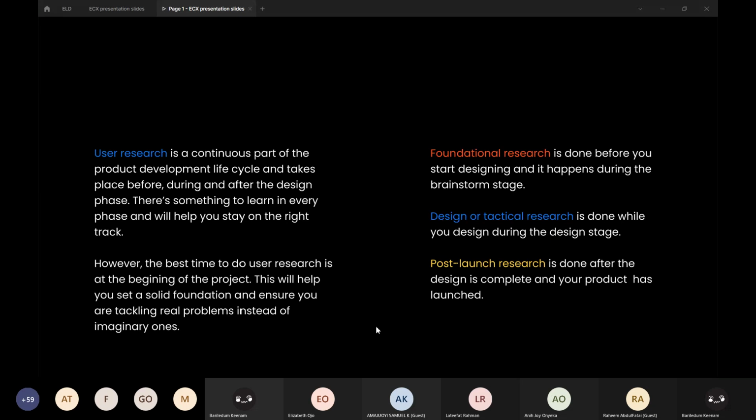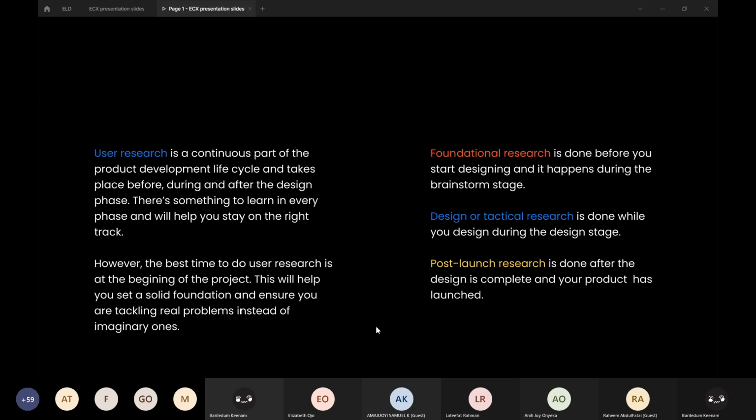Is this product solving their problems? All this is categorized under the UX quality metrics: usability, enjoyable, equitable, and useful. Then you gather feedback from this design research, put the feedback into consideration, and adjust your design to solve their problem.